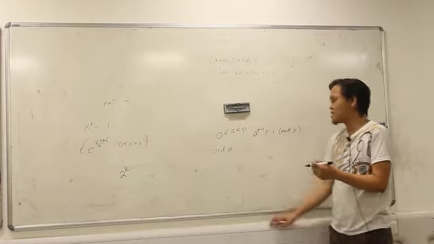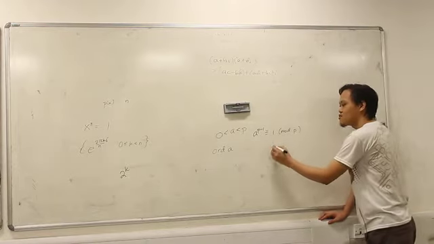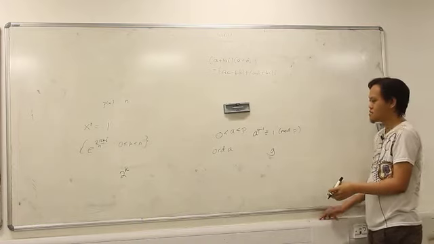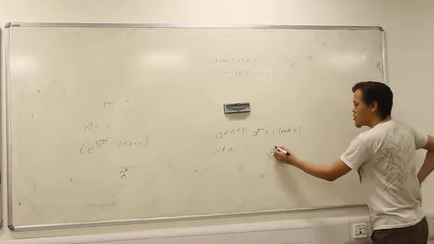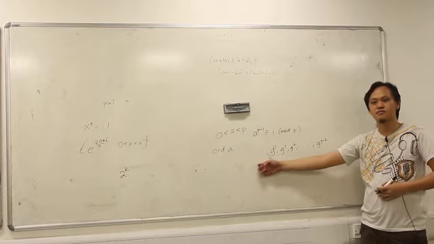So what does this mean? Let's say you have a primitive p minus 1th root of unity. Let's call it g. If you consider this sequence, taking everything mod p, g to the 0 up to g to the p minus 2, then you get distinct elements.